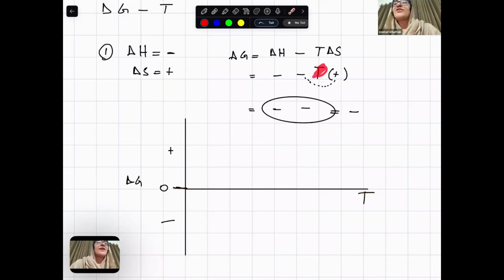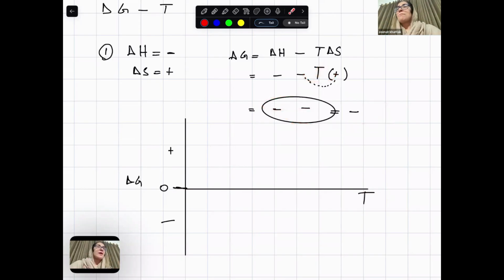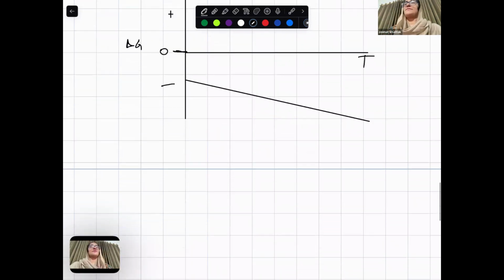At every temperature, negative and negative is always negative. But if the temperature is low, it is less negative; at high temperature, more negative, becoming more spontaneous, more feasible. The delta G is always negative.